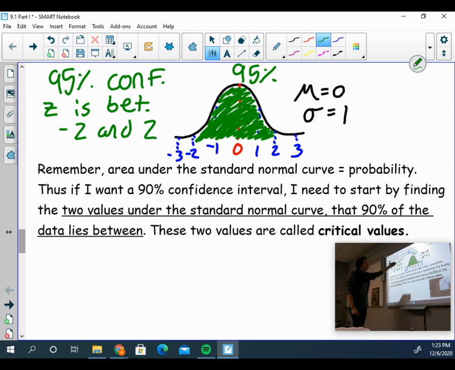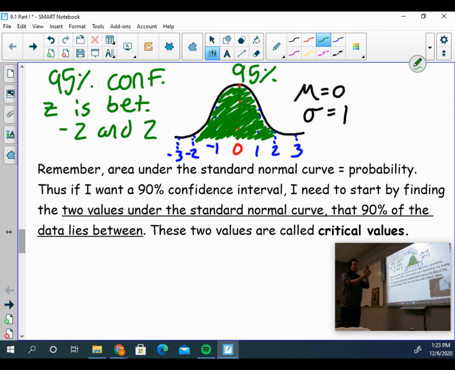Because we know the area under the standard normal curve is probability, we are going to use it to evaluate the reliability of our confidence intervals. So if I want a 90% confidence interval, I need to find the 2 values under the standard normal curve that 90% of the data lies between. I used the example with 95% above because by the empirical rule, we know it's -2 and 2.